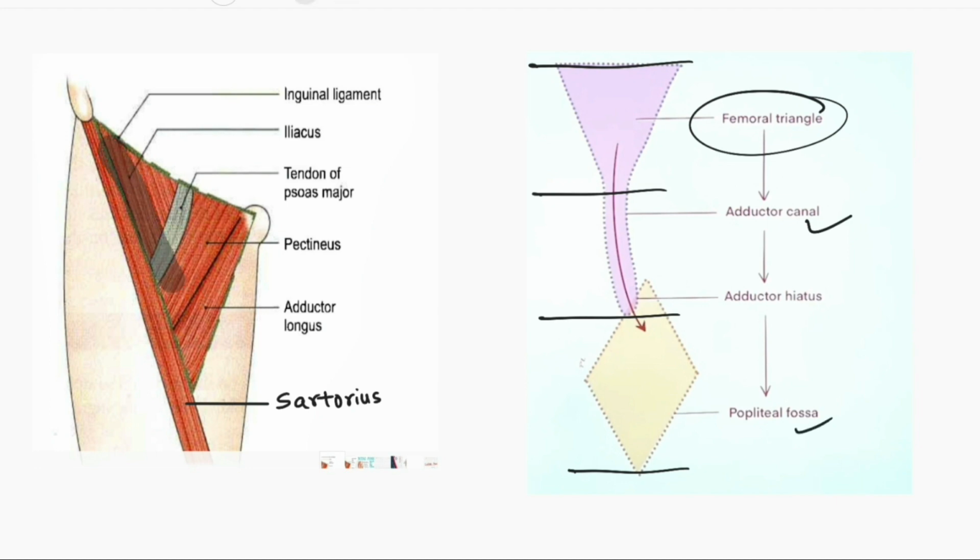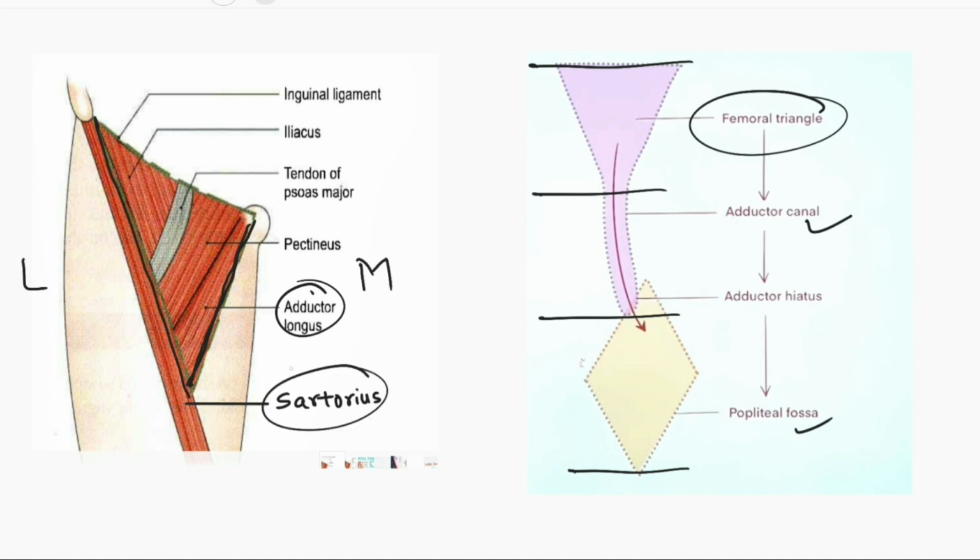This triangular structure below the inguinal ligament is the femoral triangle, and this is the medial side, this is the lateral side. So the medial boundary of the femoral triangle is formed by the medial border of adductor longus muscle, and the lateral boundary is formed by the medial border of sartorius muscle, and the base is formed by the inguinal ligament.